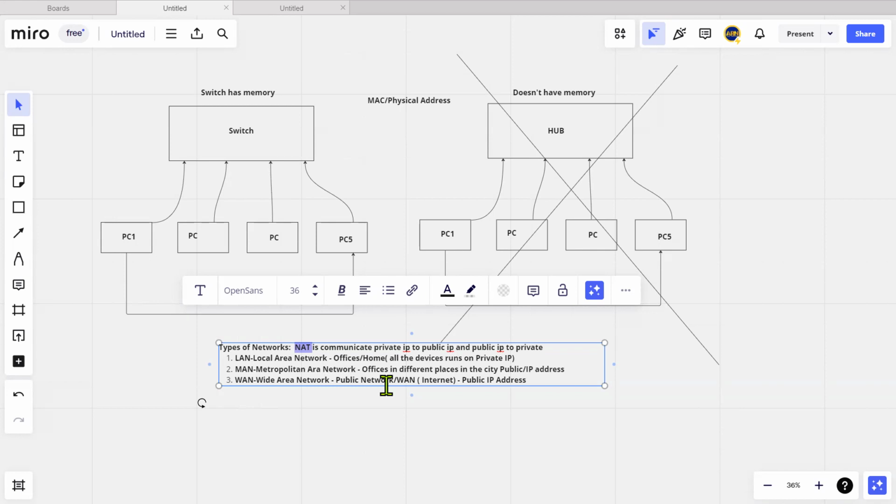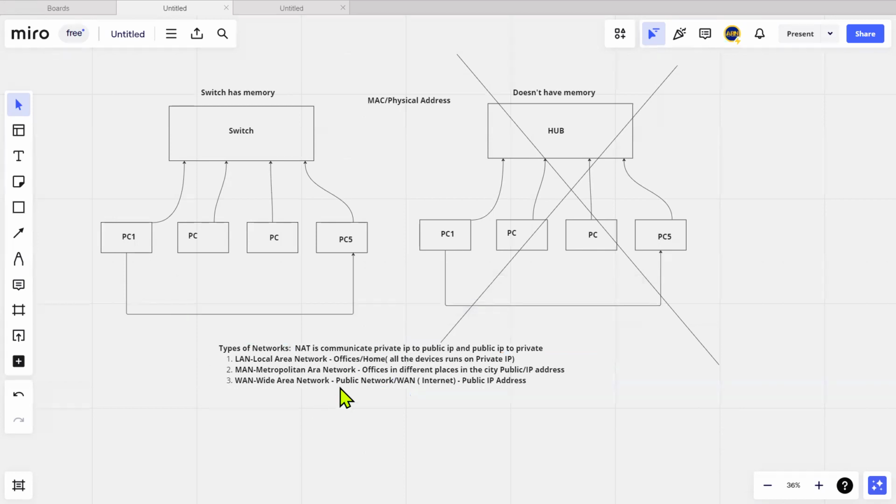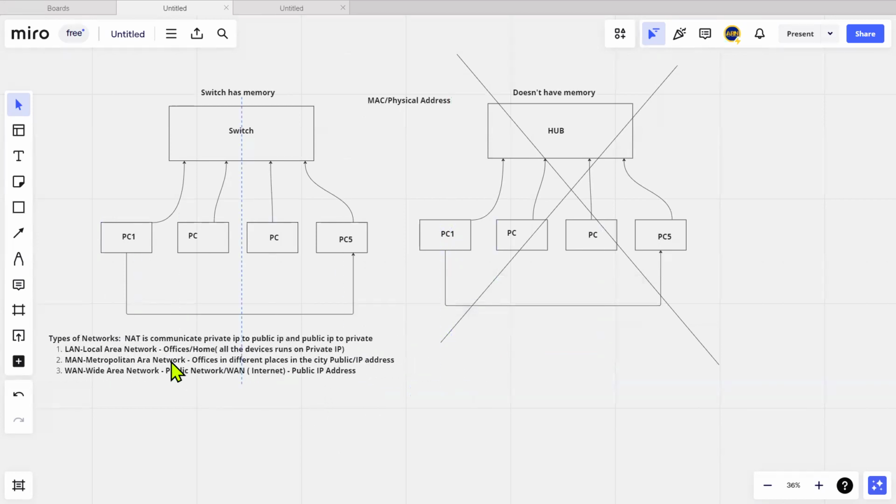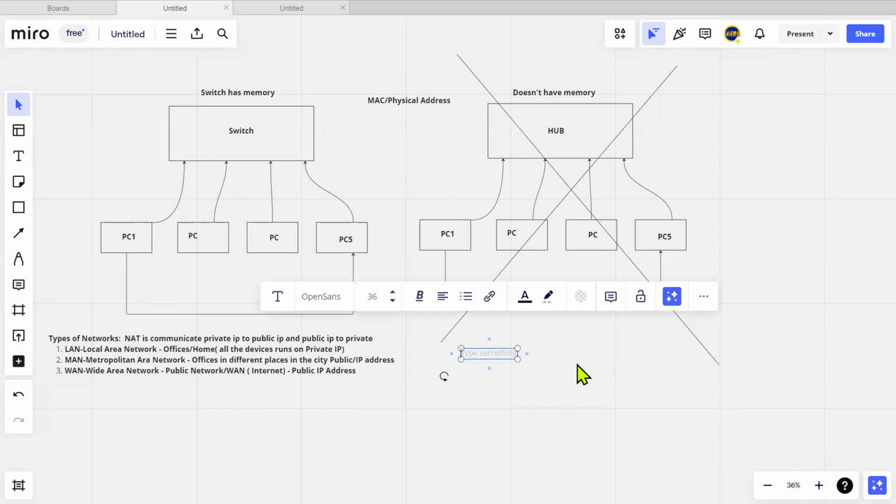Okay, so coming to topologies. We also discussed this yesterday. Topology is nothing but design, network design. Network topology. What are the network topologies?